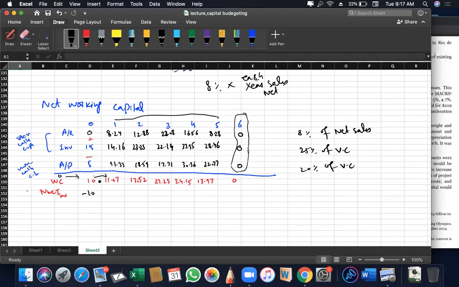The flow is this: 10 minus 11.07, this is minus 1.07, then 11.07 minus 17.52, this is minus 6.45, then 17.52 minus 27.23, we get minus 9.71.